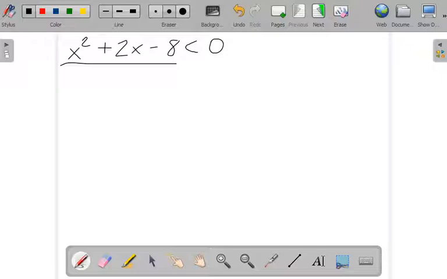But in this case, we can factor this x squared plus 2x minus 8. And if we do that, we would get x minus 2 and x plus 4.